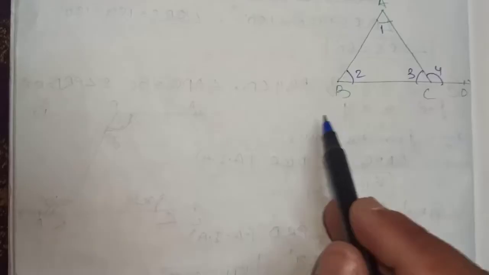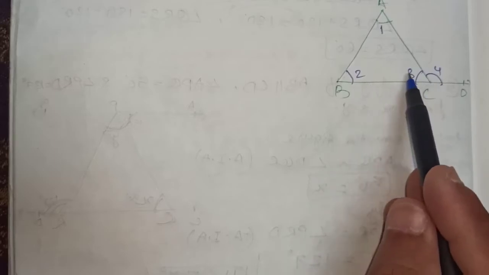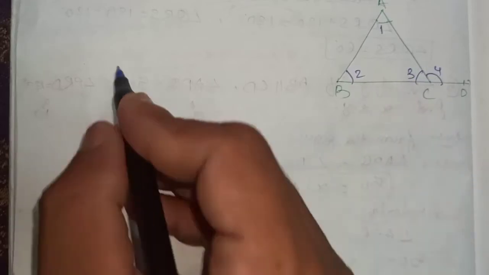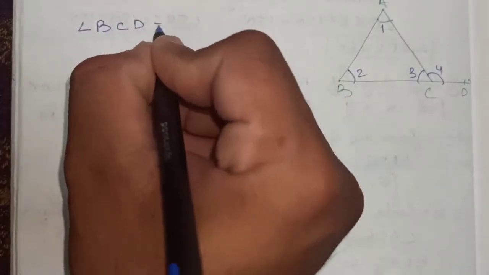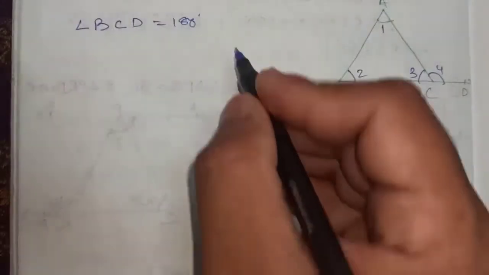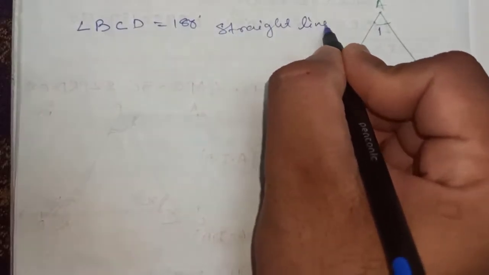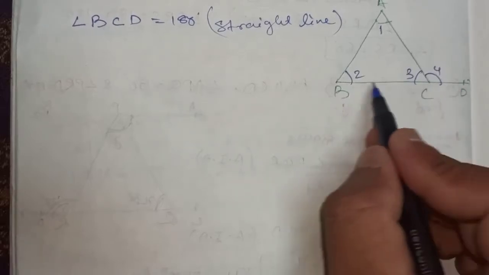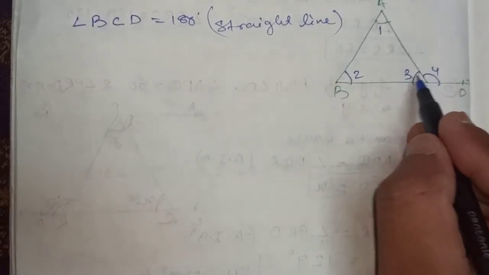So from the figure, what is this? This is a straight line and a straight line is always 180 degrees. So first we will write angle BCD equals 180 degrees. Why? Because it is a straight line. BCD is a straight line. In BCD there are two angles, this and this.